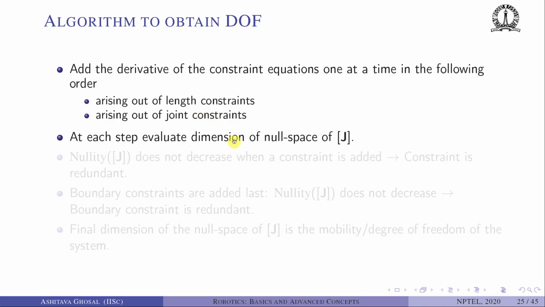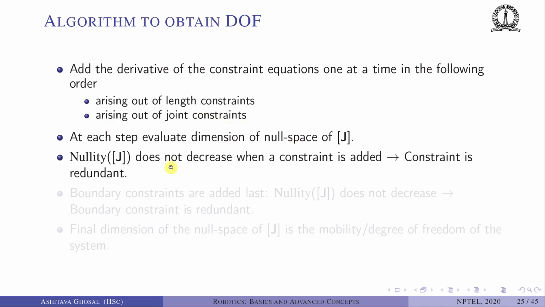At each step, evaluate the dimension of the null space of the Jacobian matrix, either numerically or symbolically. If the null space of the Jacobian does not decrease when a constraint is added, the constraint is redundant. So think about it. I have added 2 constraints. I add a third constraint, but the null space did not change. Hence that constraint is redundant.